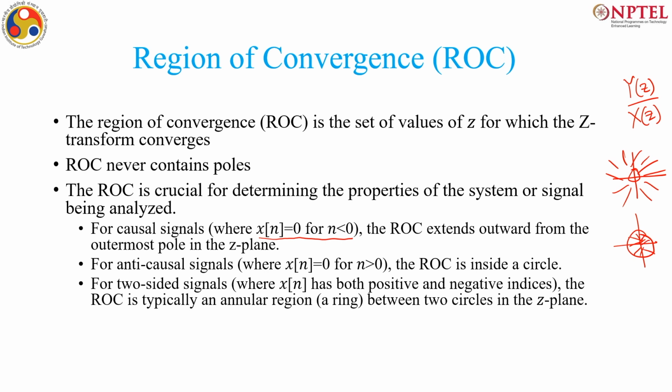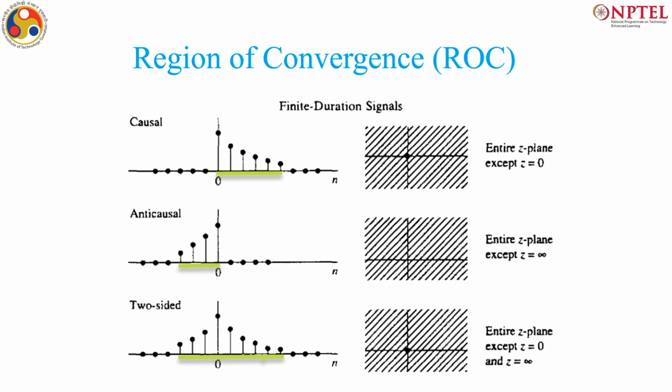And if the signal is two sided, that means the signal exists for positive indices as well as negative indices of n, in such cases the ROC is typically an annular region, that is the region between two disks, a difference region.